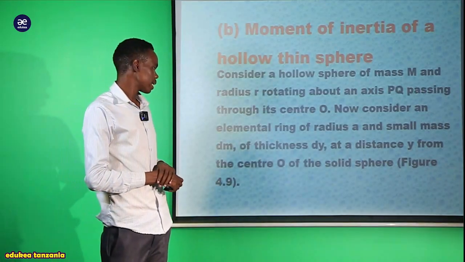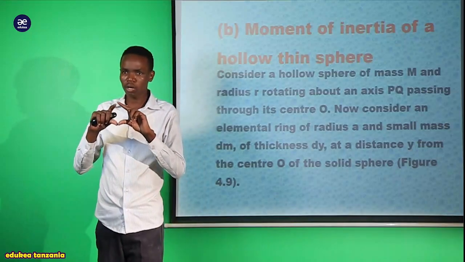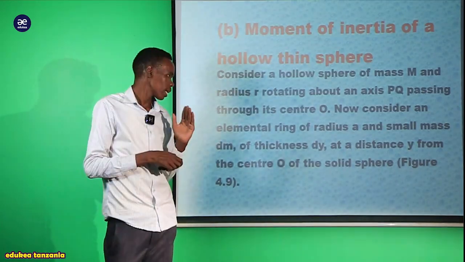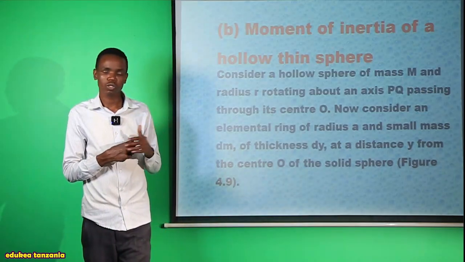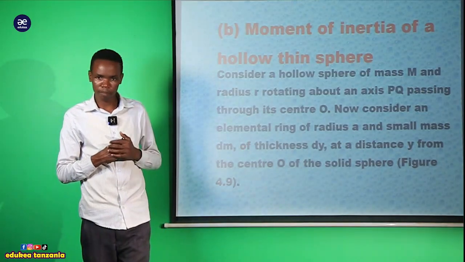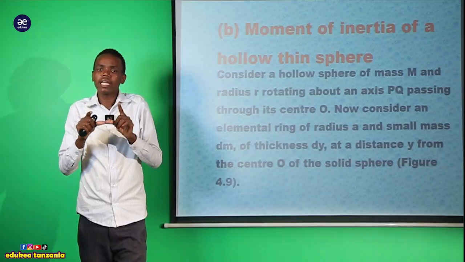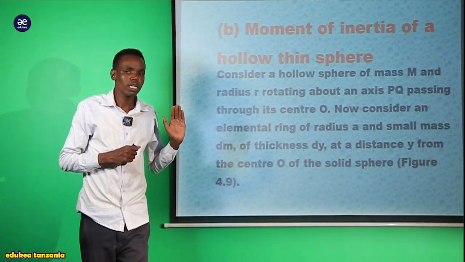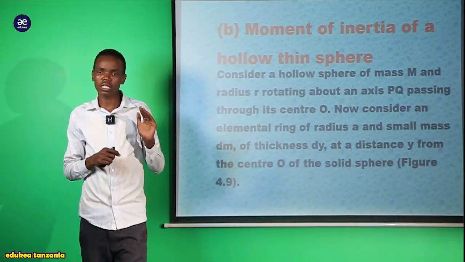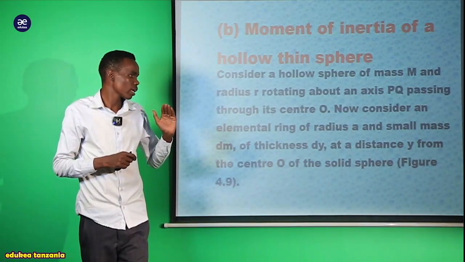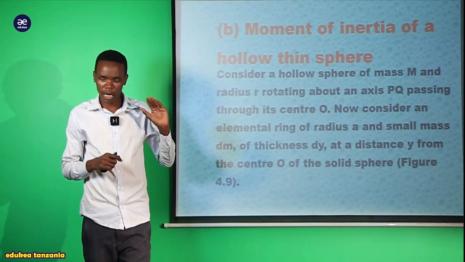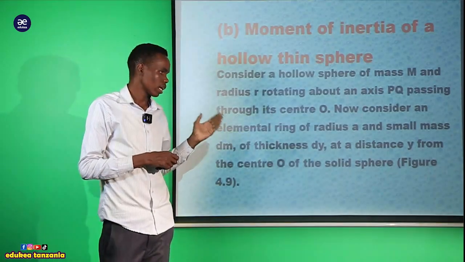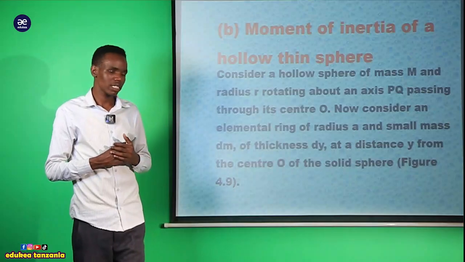Now consider an elemental ring. Inside the whole sphere, we have an elemental ring of radius a and small mass dm.